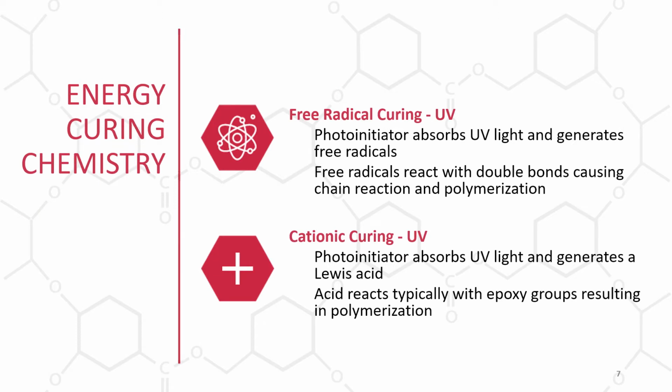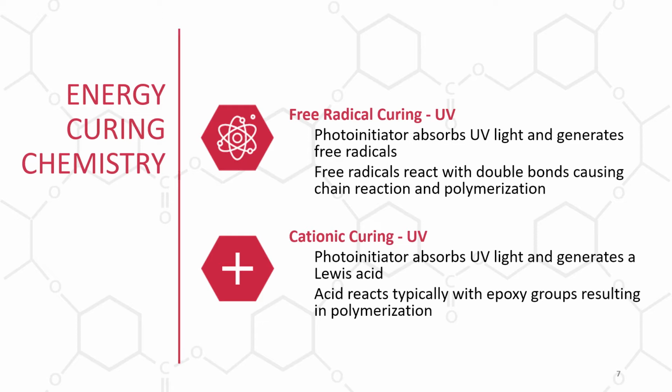Cycloaliphatic epoxies tend to be the most commonly used ones. In free radical curing, when using UV as the energy source, you have a photoinitiator that absorbs the UV light and generates a free radical. These free radicals react with double bonds, causing chain reaction and polymerization. However, in cationic curing, it's similar, but not exactly the same.